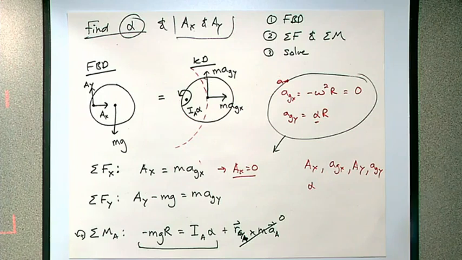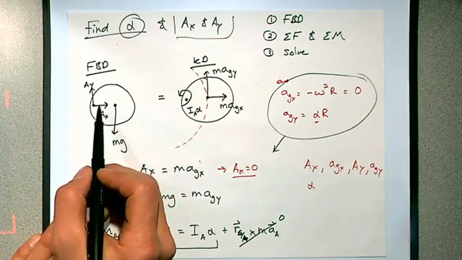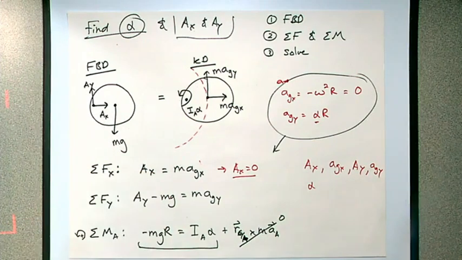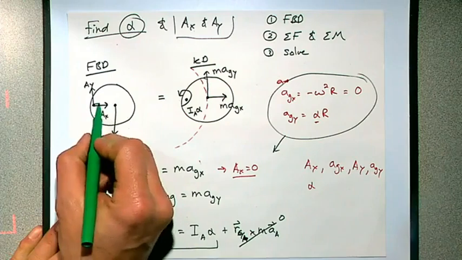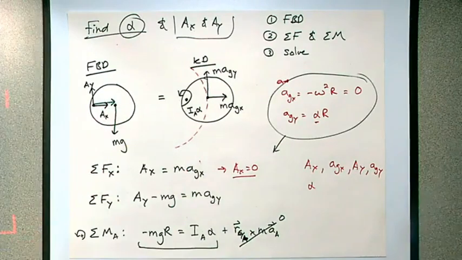A is our pin. Alpha in the k direction, crossed with r from a to g. That's just our radius in the x direction. So that is r in the i, minus omega squared r in the i.